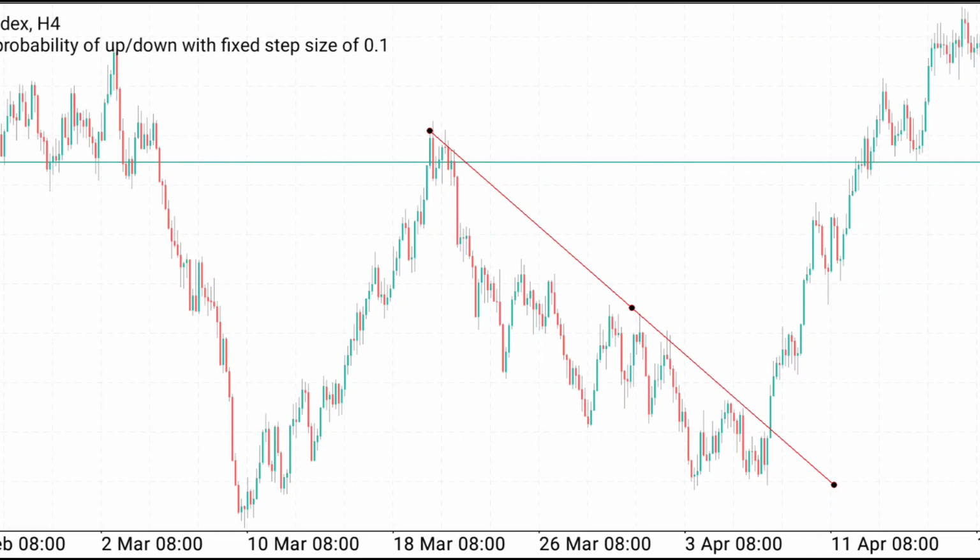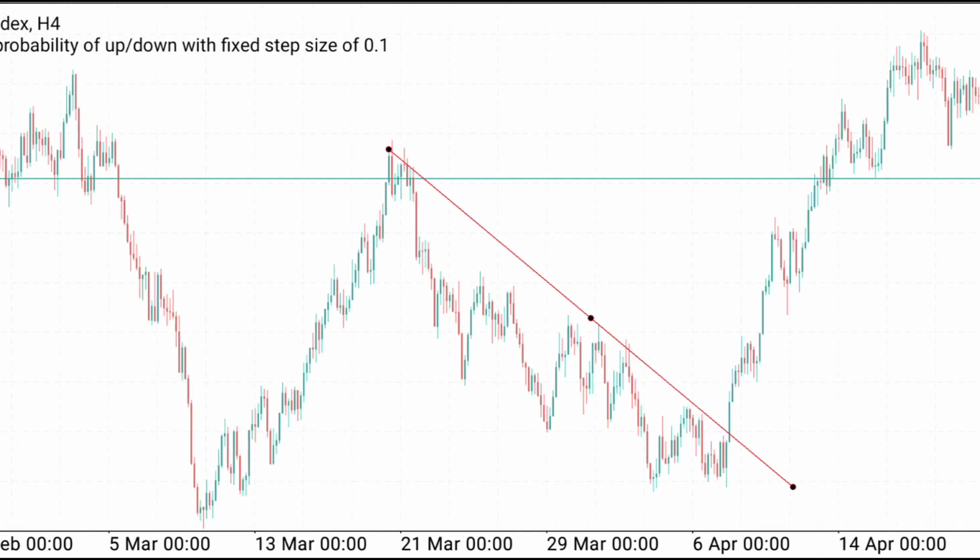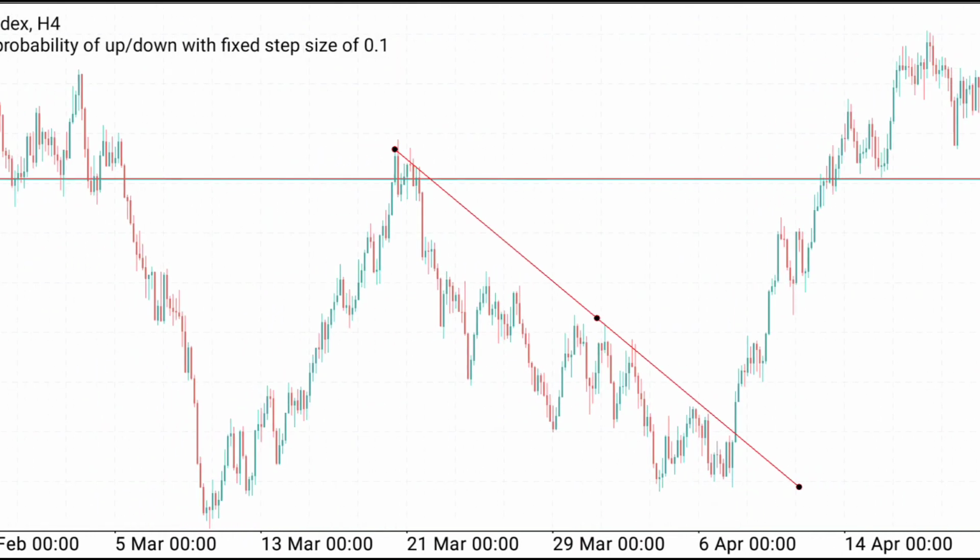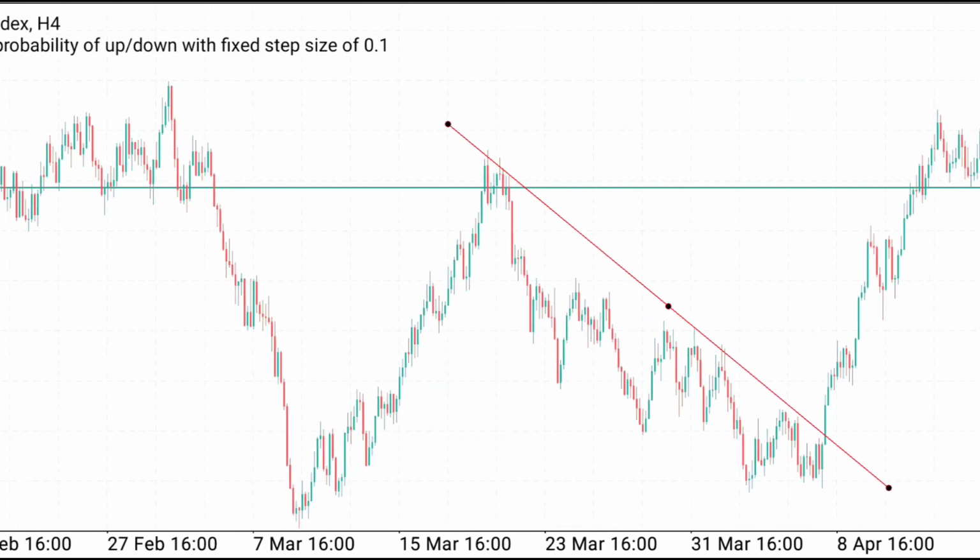Let me repeat myself. If a trend line breaks a wick of a candle, it can be accepted as a valid trend line. But if it breaks the body of a candlestick, it is not a valid trend line. So looking at this here, this is a valid trend line no matter what.